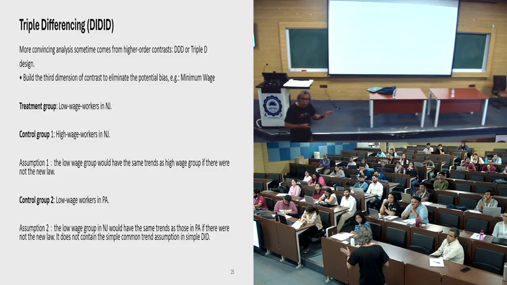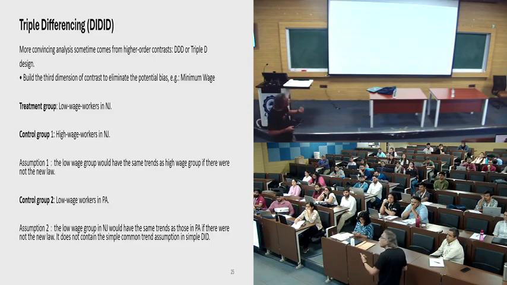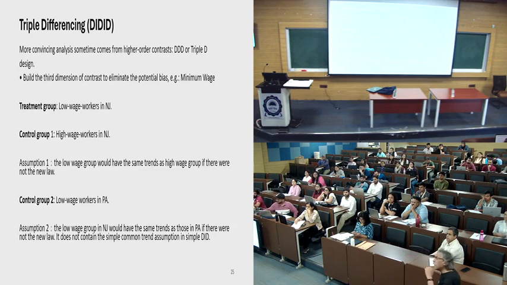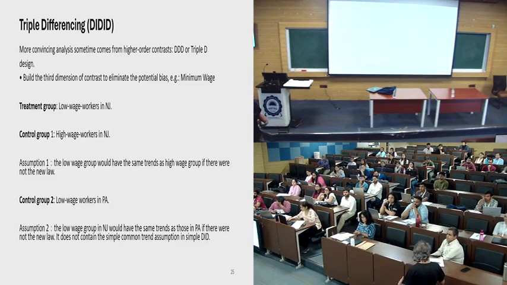Okay, so it would be difference in difference in difference rather than difference in difference. So one more difference with a hyphen. Clear? So the way we want to think of that, we want to build the third dimension to basically eliminate the potential bias. And in this context, the potential bias can occur from the minimum wage.